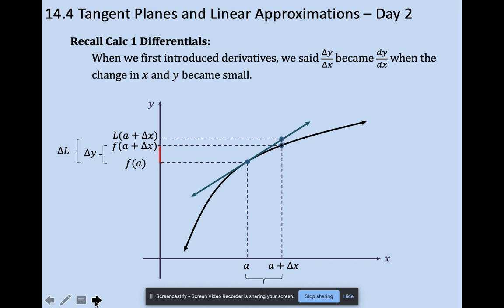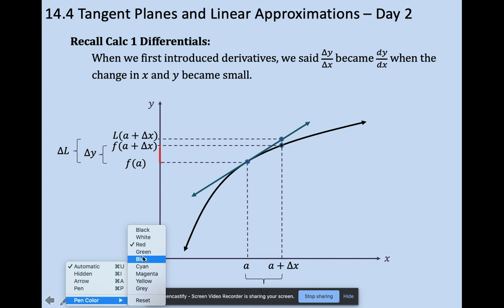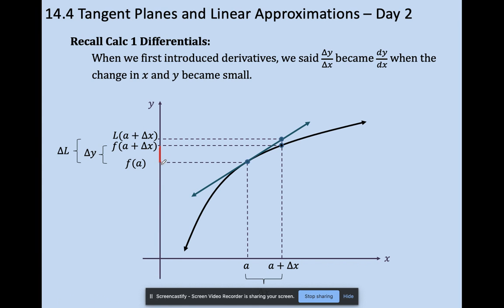The change in the tangent line, from the original y height to the new, close to original, y height, is the change in the linearization, or the differential. This distance.